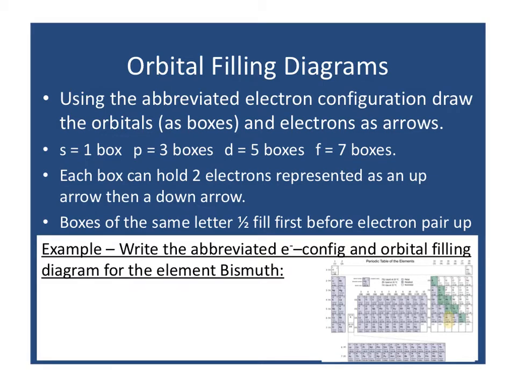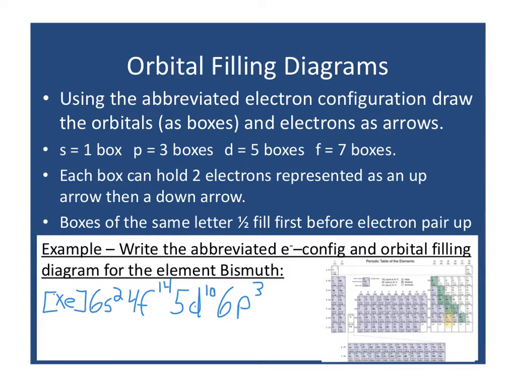Bismuth had itself an abbreviated configuration of xenon in brackets 6s2, 4f14, 5d10, 6p3.